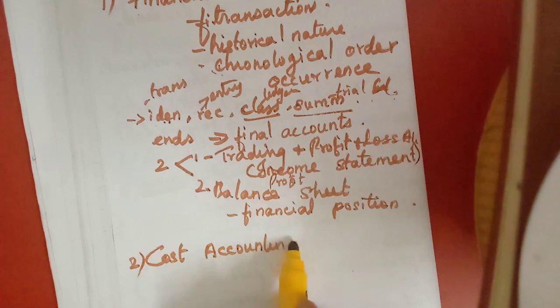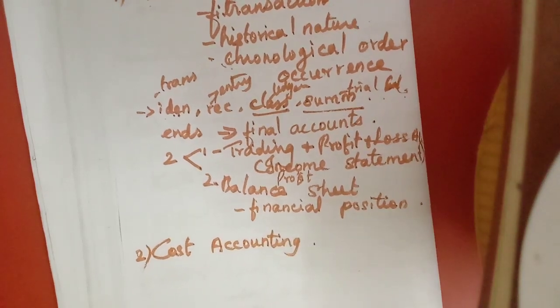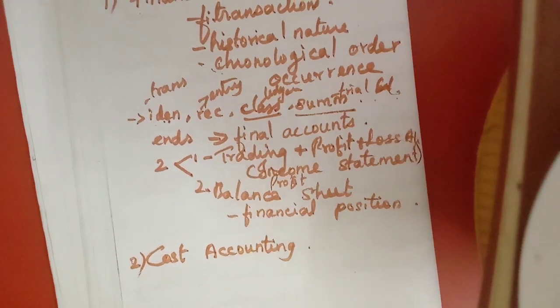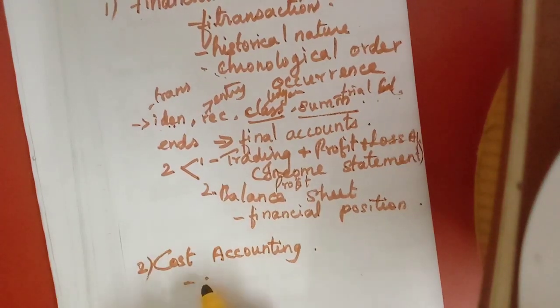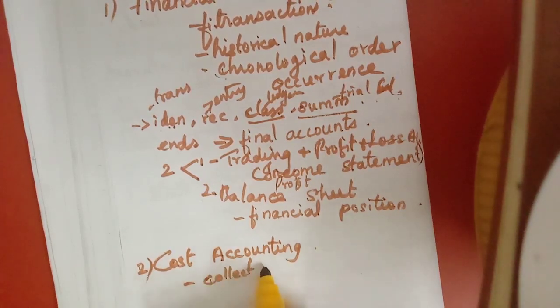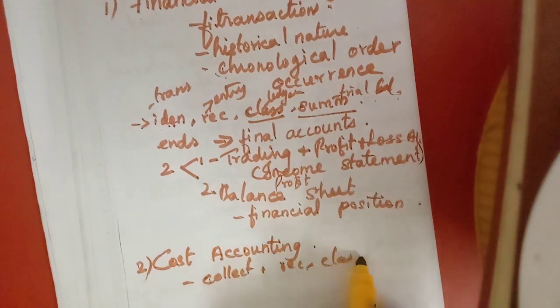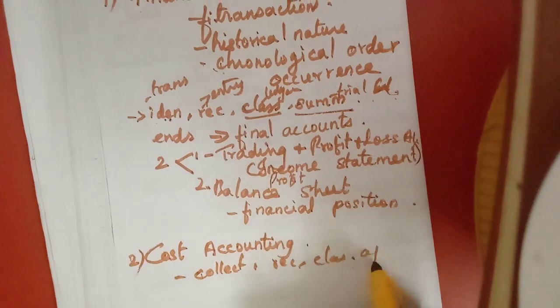I have already told you in cost accounting that a different cost will be allocated. So here, what is cost accounting? It is also the collection: they will collect the cost. Collection, then recording, then classifying, and appropriate allocation.